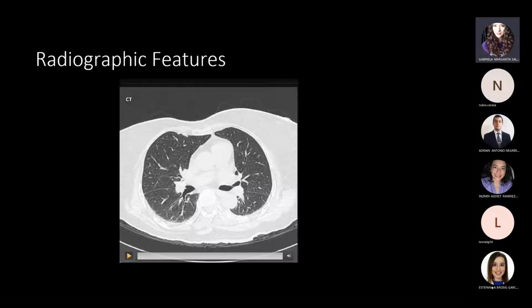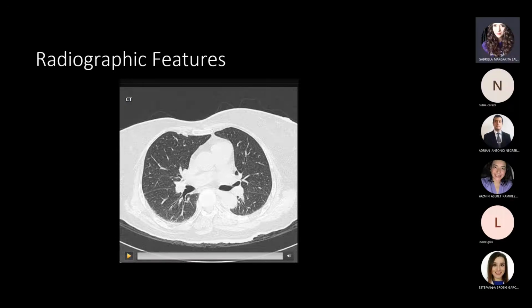We can further classify the nodule as either ground glass, subsolid, or solid. Histologically, the ground glass attenuation corresponds to the lepidic growth pattern, and the solid component corresponds to the invasive pattern.